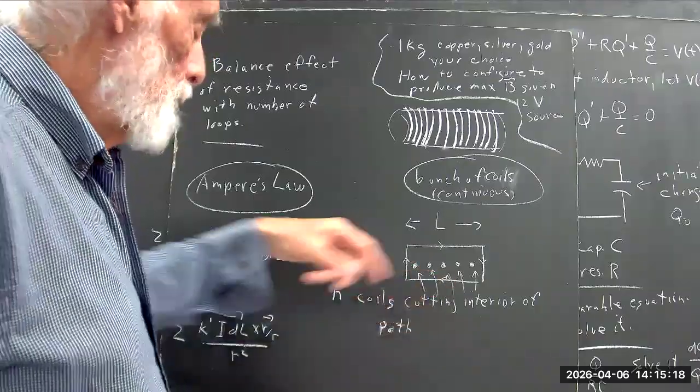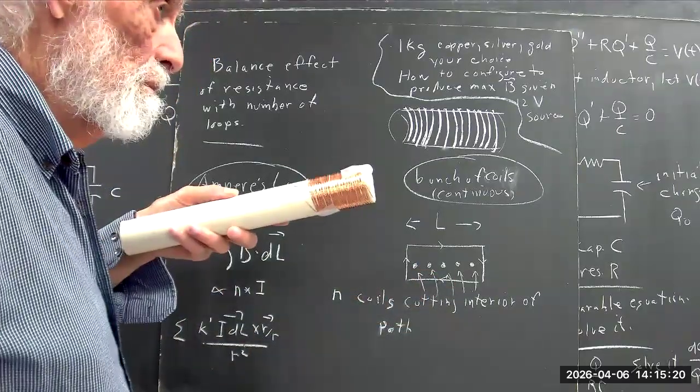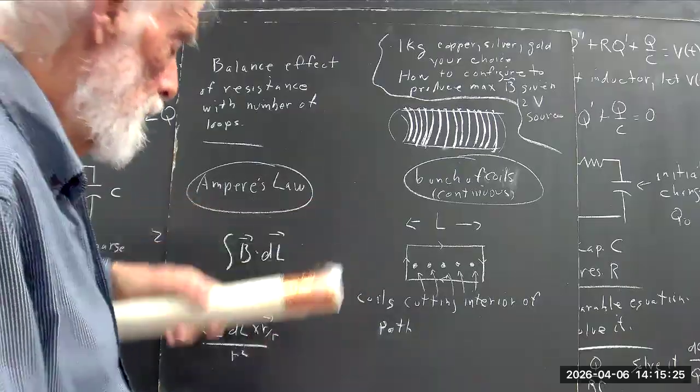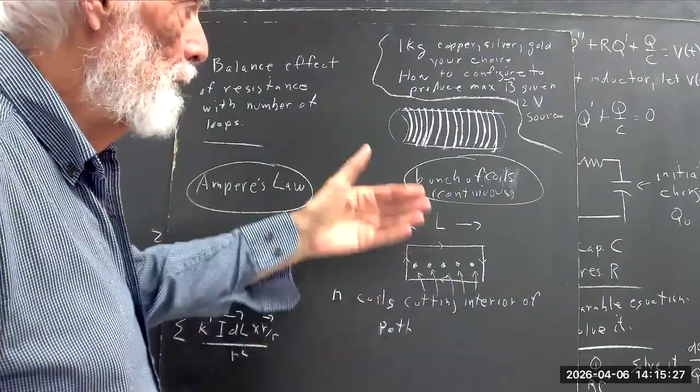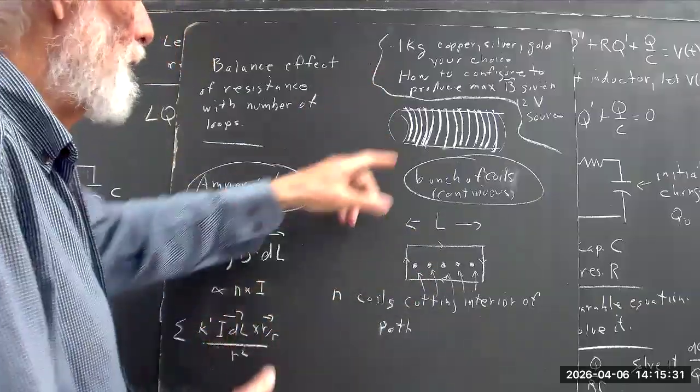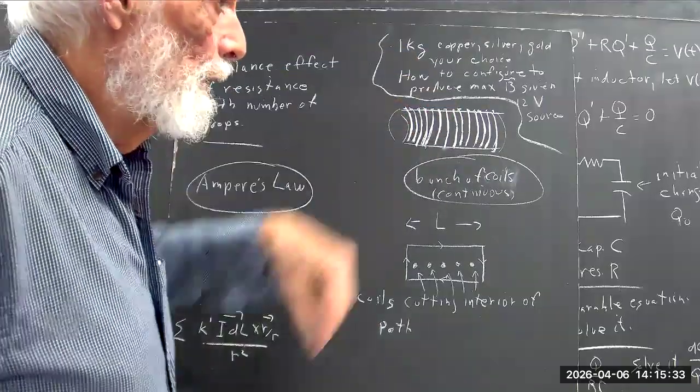It turns out that for a coil like this, which is a solenoid, that's what you call this thing, the field doesn't vary much within the cylinder, at least as long as it's not real close to the ends of the loop.